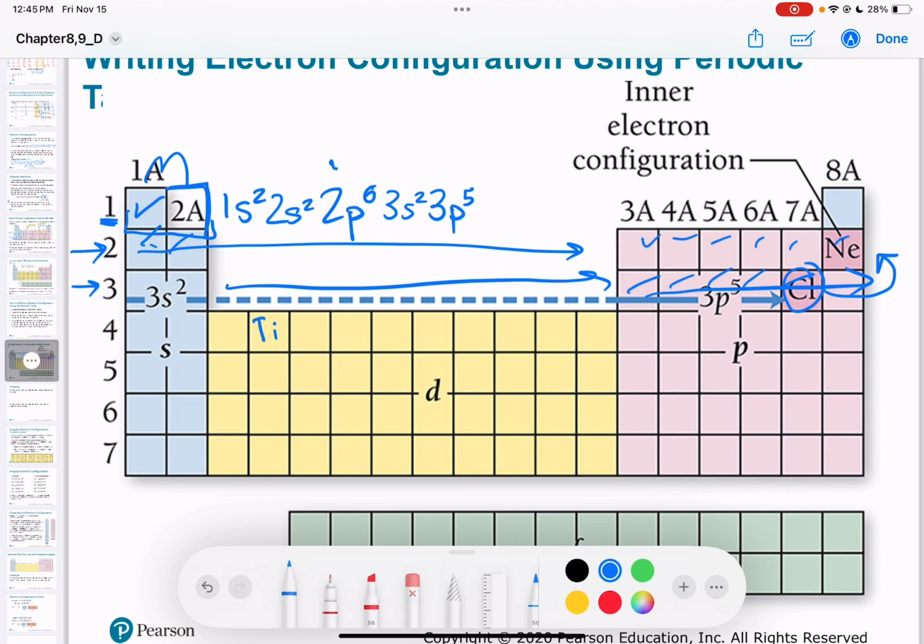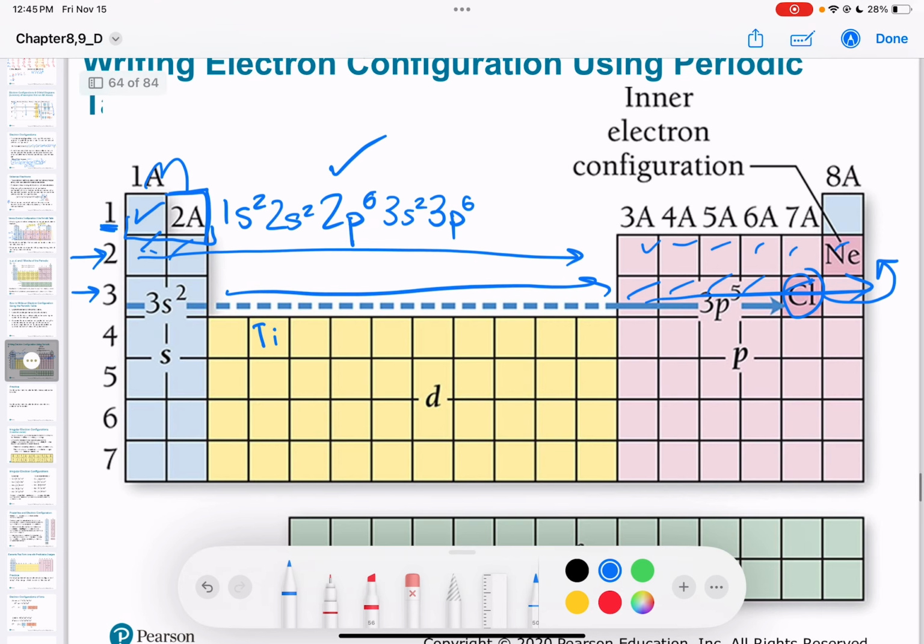So let's just continue on. Instead of 3p5, we're going to fill that in and go to 3p6. Go to the next row, 4s2. Now we're in the D block.